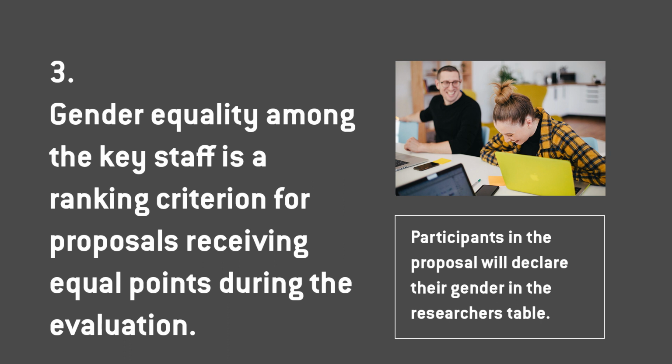If 2 proposals receive the same score in the evaluation, after assessing aspects not covered by other proposals, the gender balance among the key staff that are included in the researchers table in the proposal will be considered and determine project rankings. The more balanced the gender distribution among participants, the better.